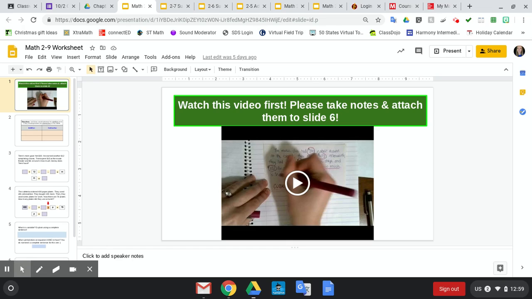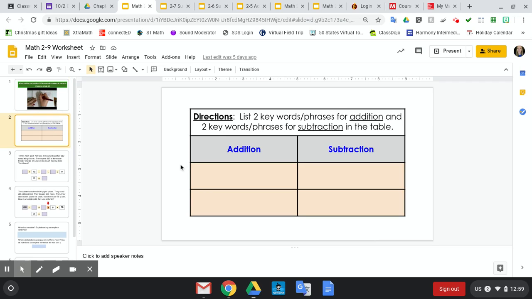Our final lesson for Chapter 2 was a word problem lesson. And what's really cool about this lesson is you learn some key terms that will help you with your word problems. Being able to look at keywords and phrases, especially using the cube strategy, makes word problems so much easier to understand.